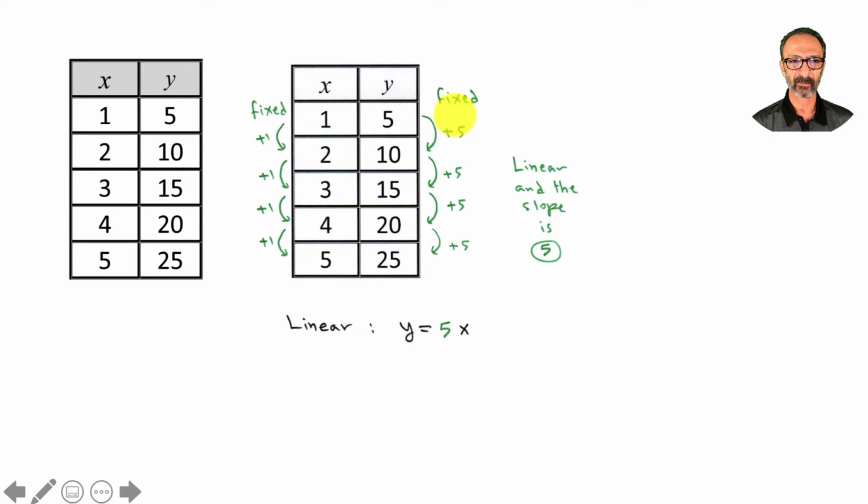So it is fixed. That means it's linear. That means the slope is 5. But I could see that it's just 5x. 5 times 5 is 25. 5 times 4 is 20. 5 times 3 is 15. So I don't have to look for b. I could just see it. It's a simple example.